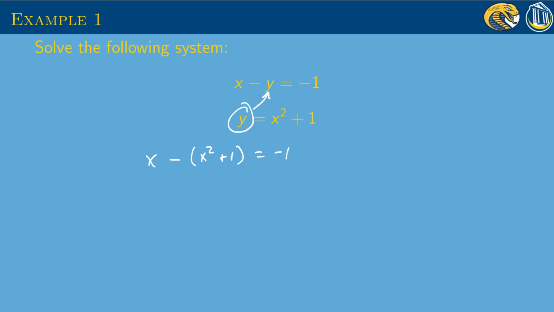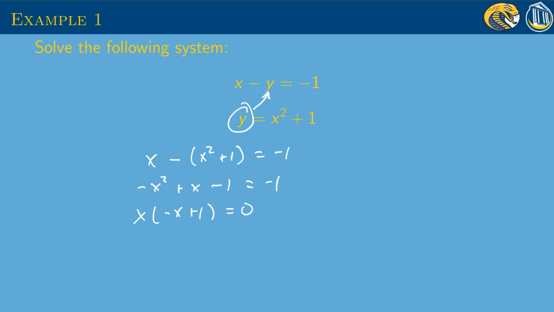If we go ahead and rewrite this, we could get negative x squared plus x minus 1 equals -1, or therefore, if we factor out an x, we could get x times negative x plus 1 equals 0.